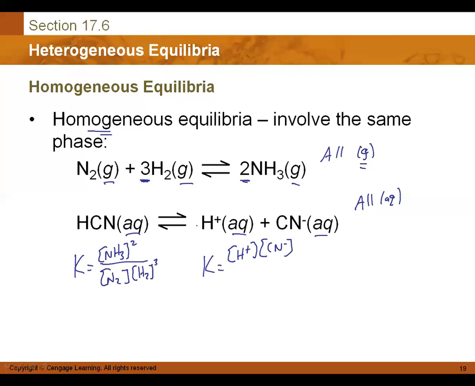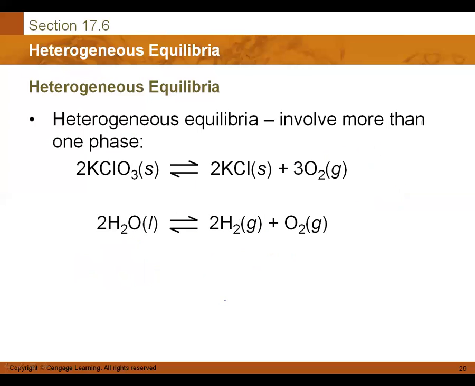Each of these is 1, so we don't have to worry about any squaring, divided by our HCN, which would also be 1 in this case. So a homogeneous equilibrium is one where everybody is in the same state. In the top one, everybody's gases, all flying around together. The bottom one, everybody's aqueous ions, all floating around together.